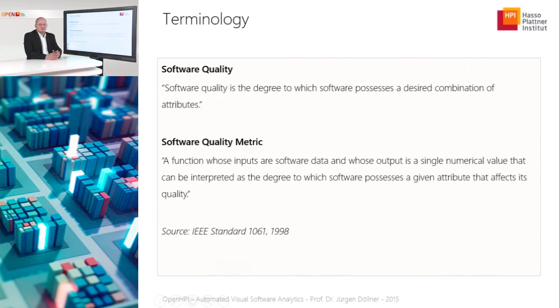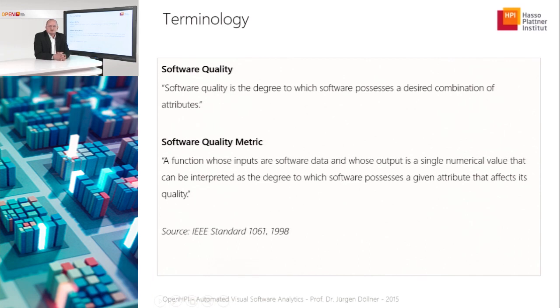Another key term was software quality. Software quality is the degree to which software possesses a desired combination of attributes. As you can see, it's a very weak definition, but in general it's agreed that we have different kinds of software qualities in software engineering.